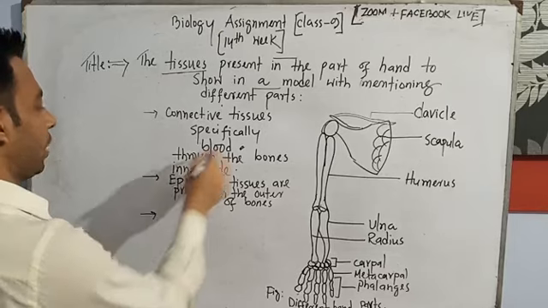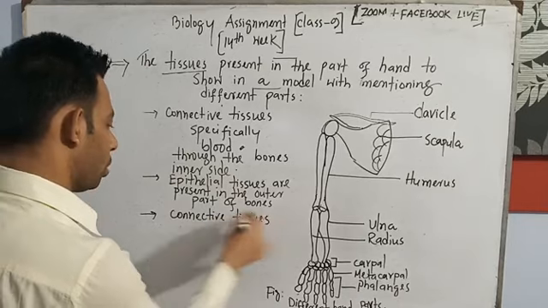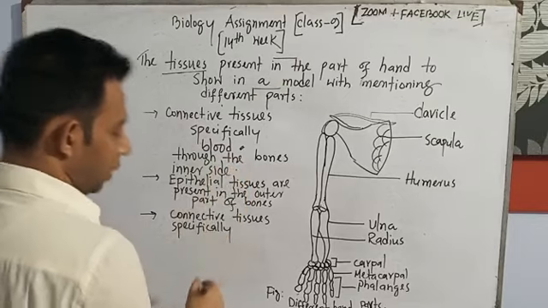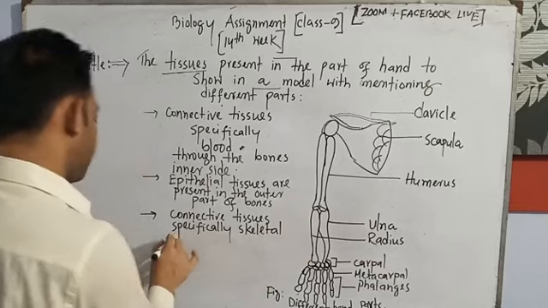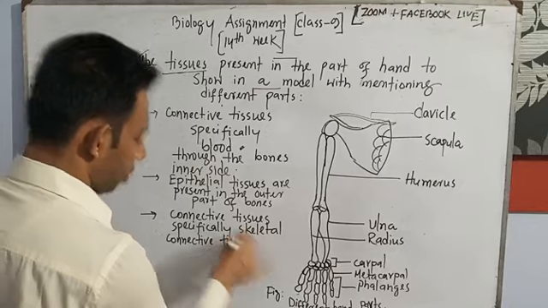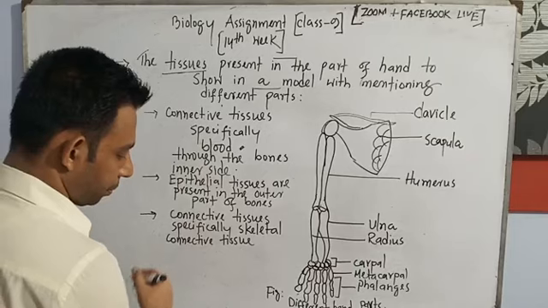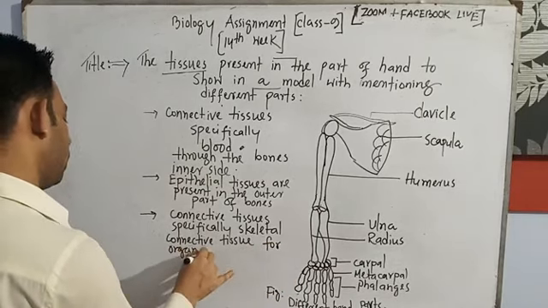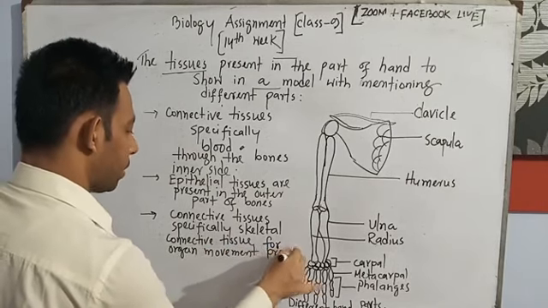Connective tissue specifically, now once again, skeletal connective tissues, skeletal connective tissues, we can see for organ movement, present in hand parts.